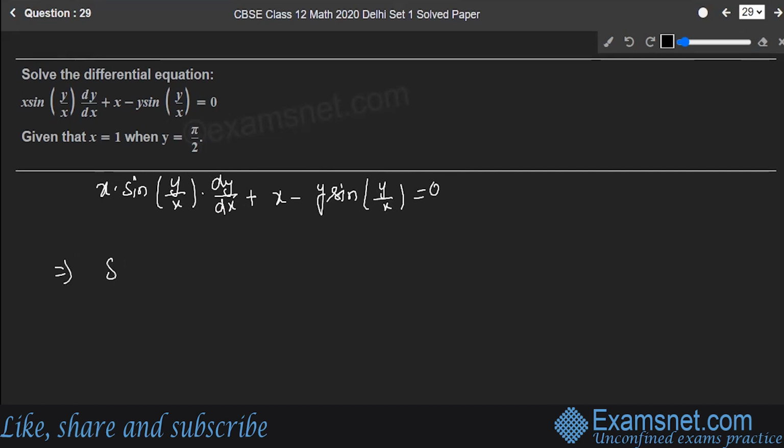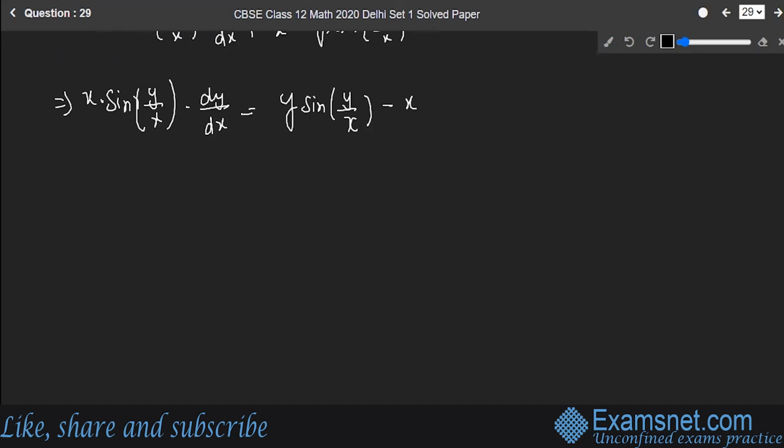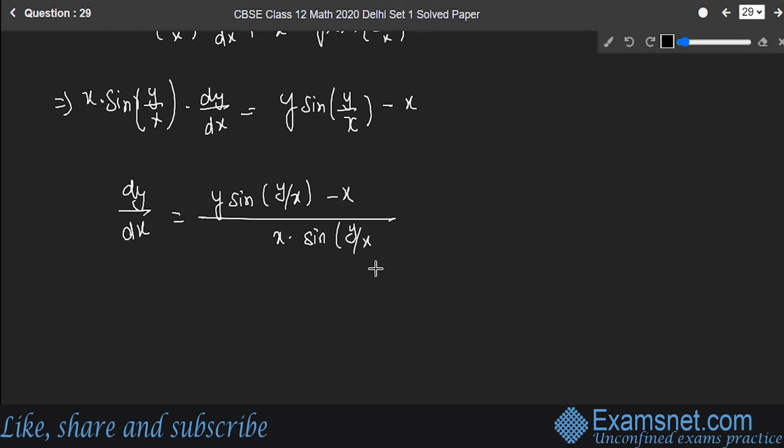This gives you x into sine of y upon x into dy upon dx is equal to y sine y upon x minus x. So dy by dx is equal to y sine y upon x minus x whole divided by x into sine of y upon x.